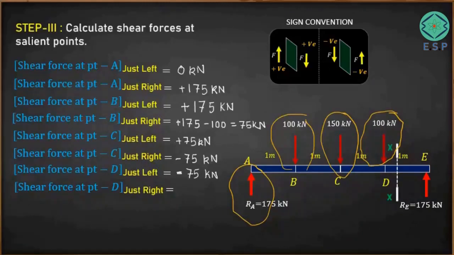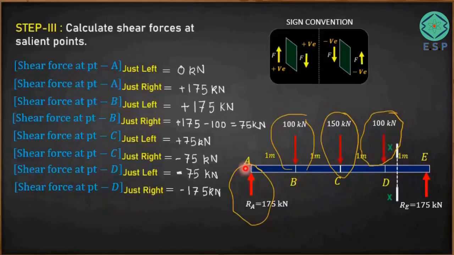It was minus 75 up to here, now a new force of minus 100 kilonewton has come into the picture, so it will be minus 175. When your reference plane is just right of the point D, you got the shear force as minus 175.